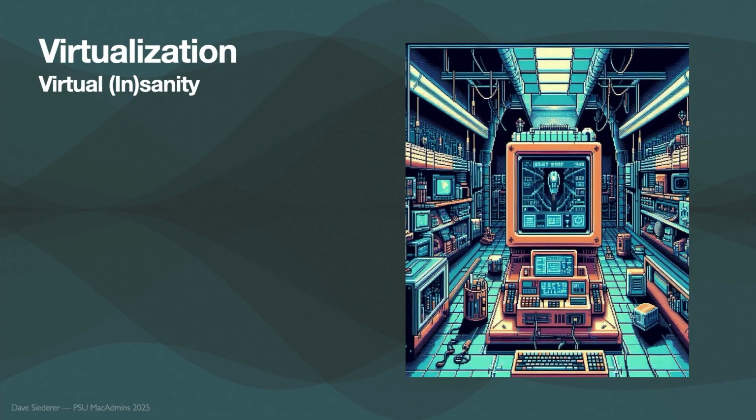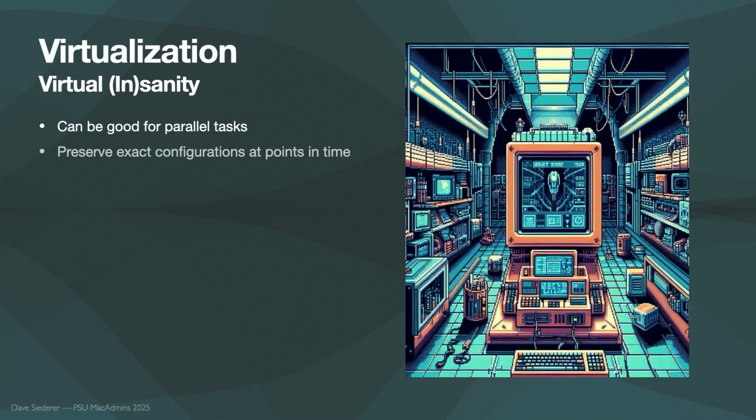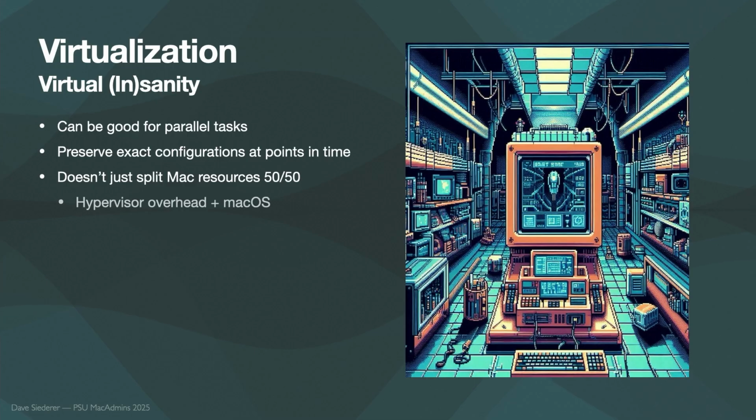But virtualization can be really good for parallel tasks. If you just have one or two continuous tasks that aren't necessarily processor dependent, they just need to be done on this Mac. If you want to preserve those exact configurations at points in time, and I did spoil this one a little bit, it doesn't quite split the resources 50-50.